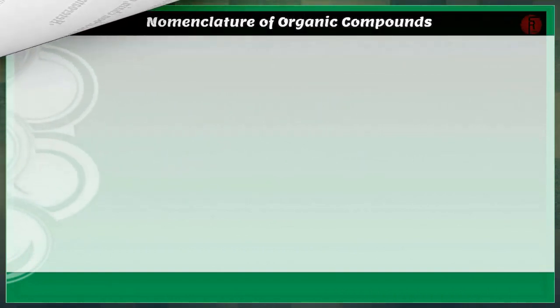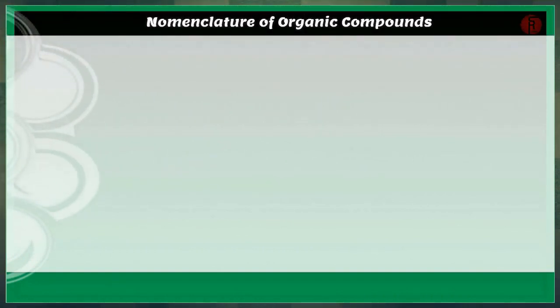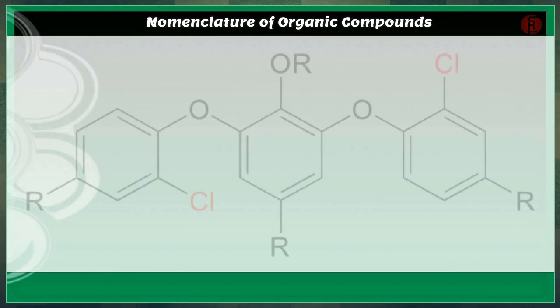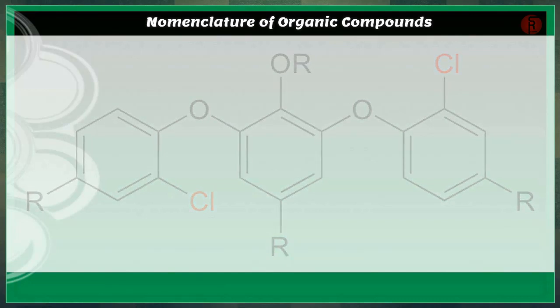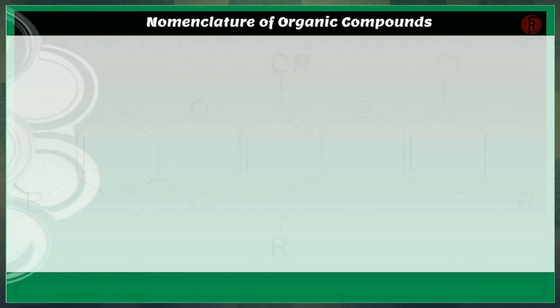Nomenclature of organic compounds. Nomenclature is the process of naming a particular group of things in a certain pattern. There are a number of carbon compounds due to the versatile nature of carbon. The problem was how to name all of them. Certain ways were developed to name carbon compounds.